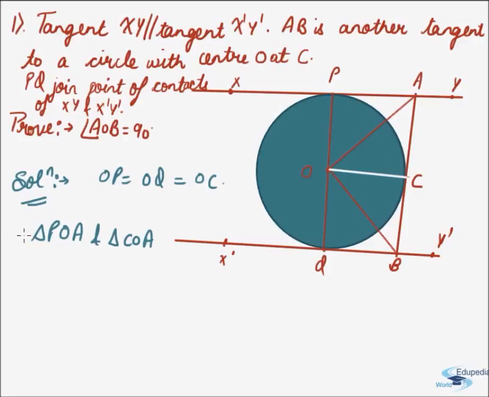In these two triangles we can see that AO is a common side to both. Therefore, AO equals AO in both the triangles.